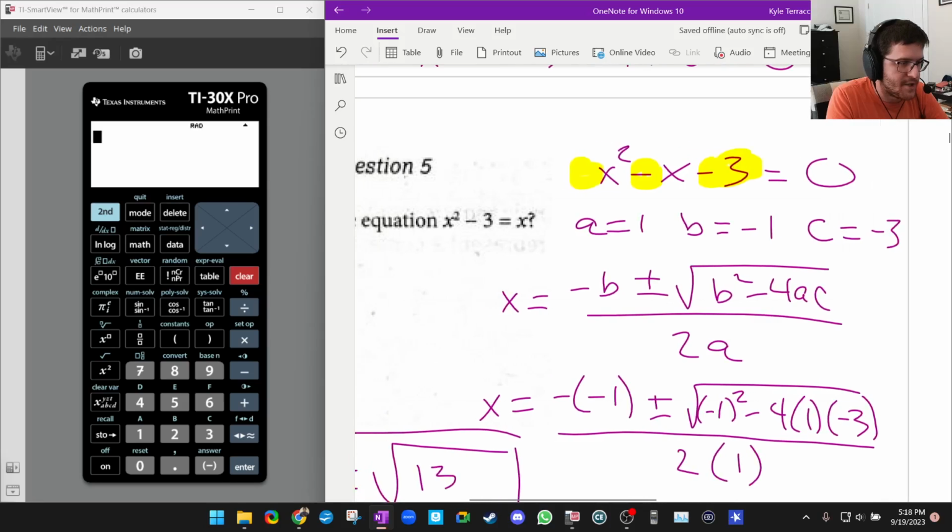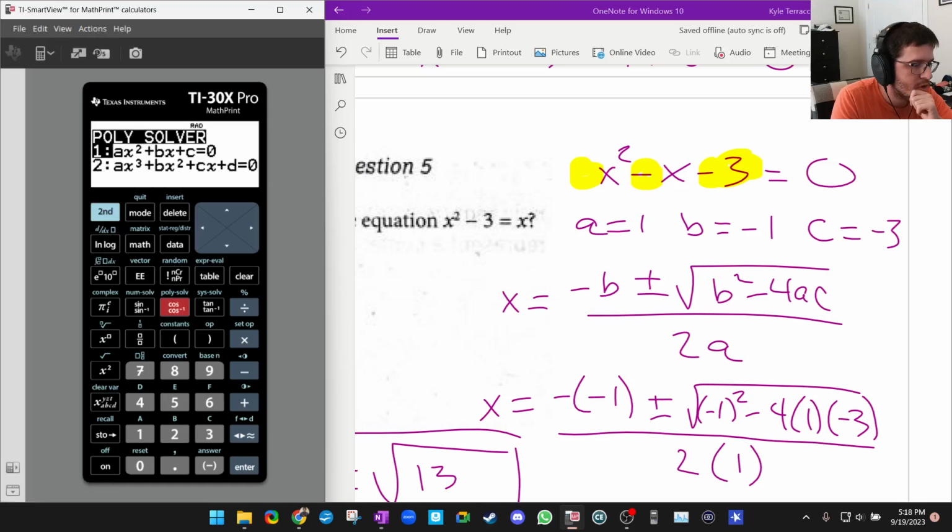Why don't I show you guys? So you can do it on your Casio using the video I made. I like to use the TI, so I'm going to show the TI. So I'm going to plug in 1, negative 1, and then negative 3.